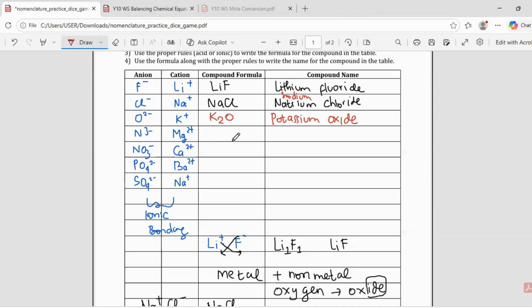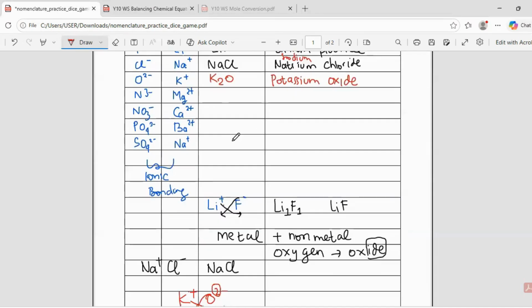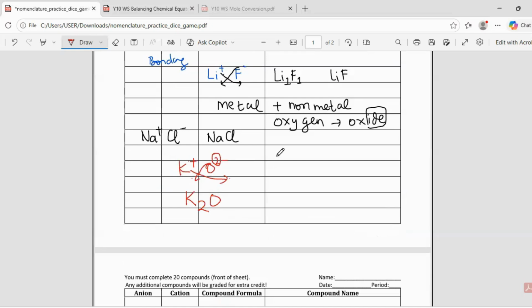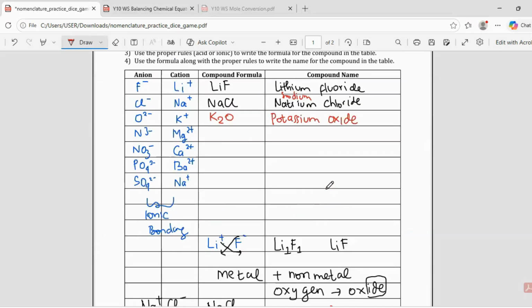And then how about magnesium with nitride? We can do the same thing here, Mg2+ with N3−. The 2 from magnesium will go toward N, and the 3 from nitrogen will go toward Mg. So the result will be Mg3N2.